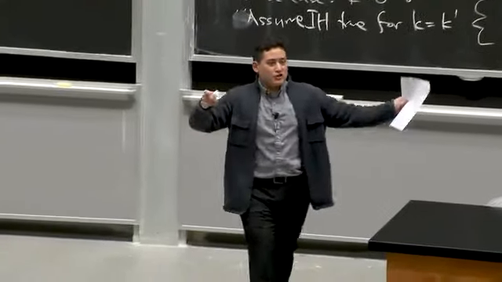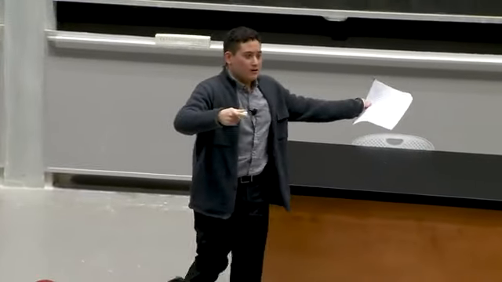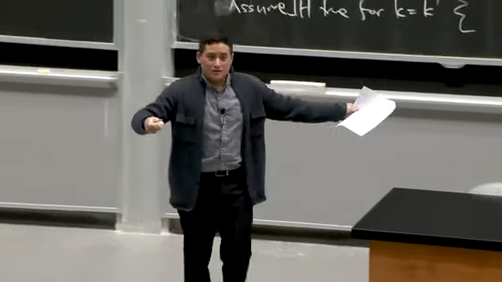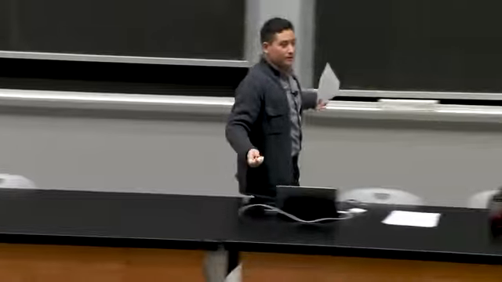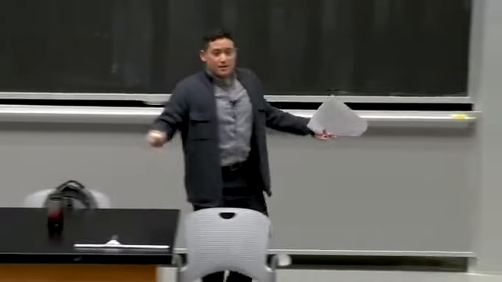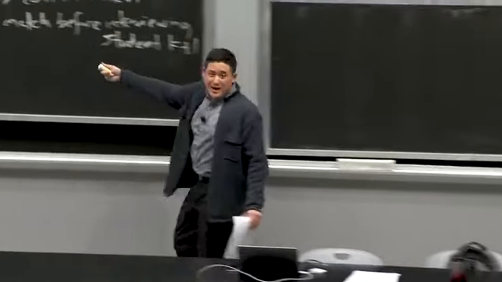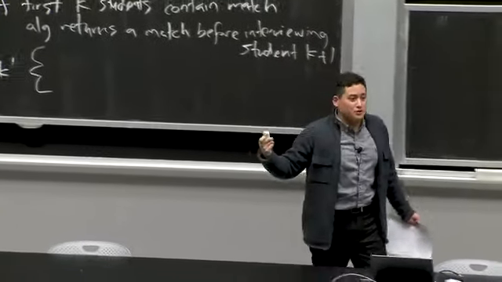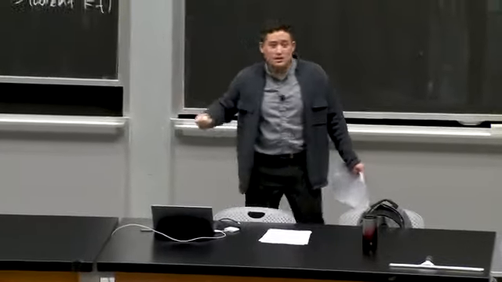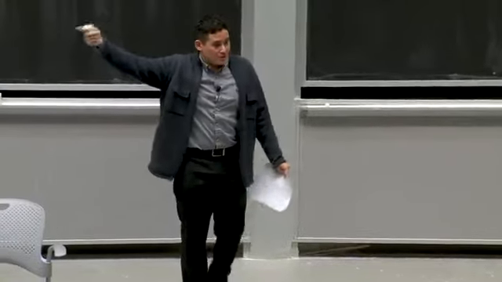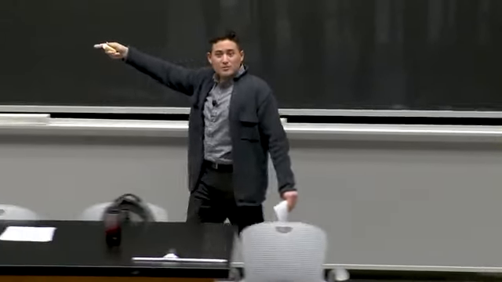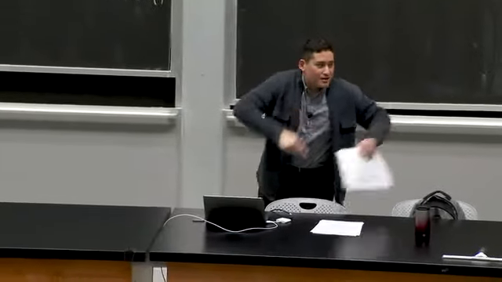Either the first k already had a match, in which case, by our inductive hypothesis, we've already returned a correct answer. The other case is it doesn't have a match, and we interview the k prime plus 1th student. If there is a match in the first k prime plus 1 students, then it will include student k prime plus 1, because otherwise there would have been a match in the things before it. So there are 2 cases.